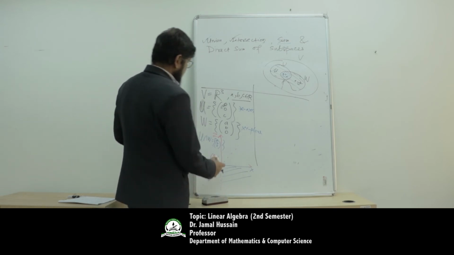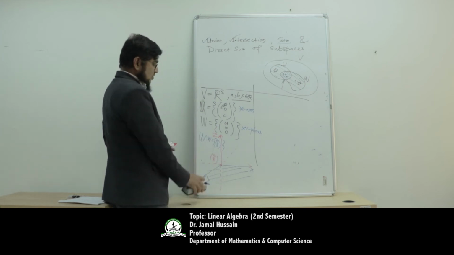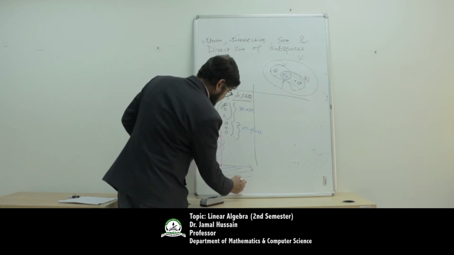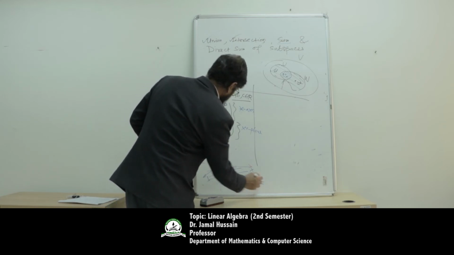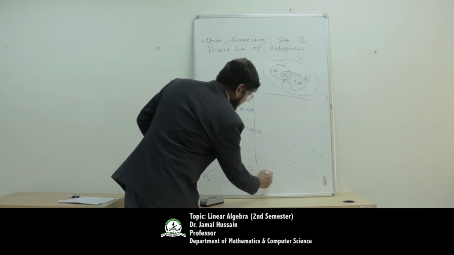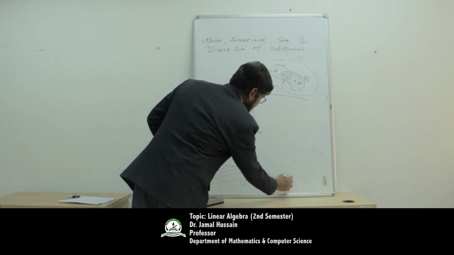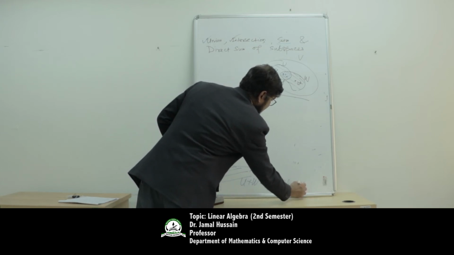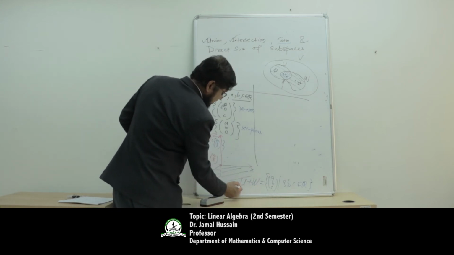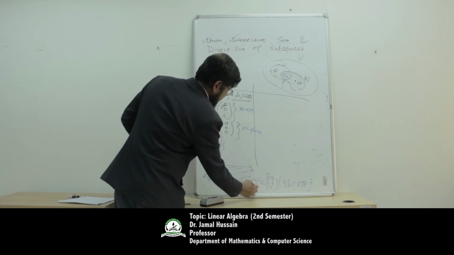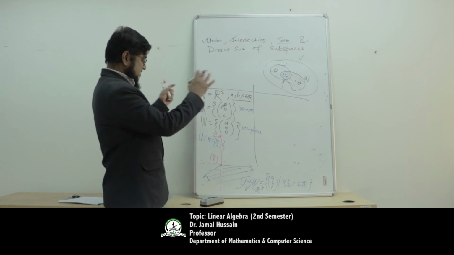Okay, so if we take the sum of these two, U plus W, it will be elements of the form (A, B, C), where A, B, C belong to R. So this is nothing but our V, which is R3, the whole space.